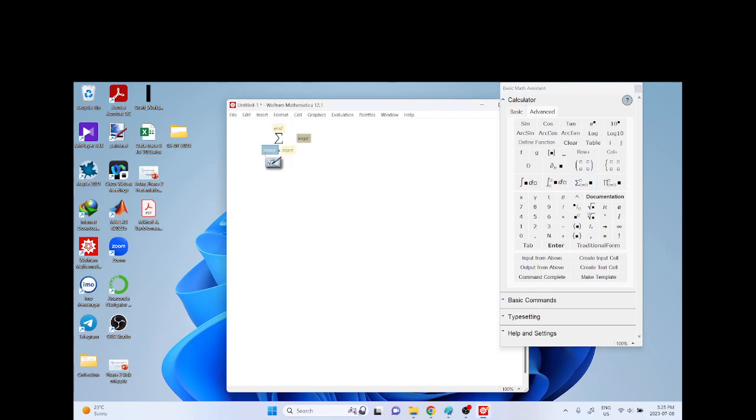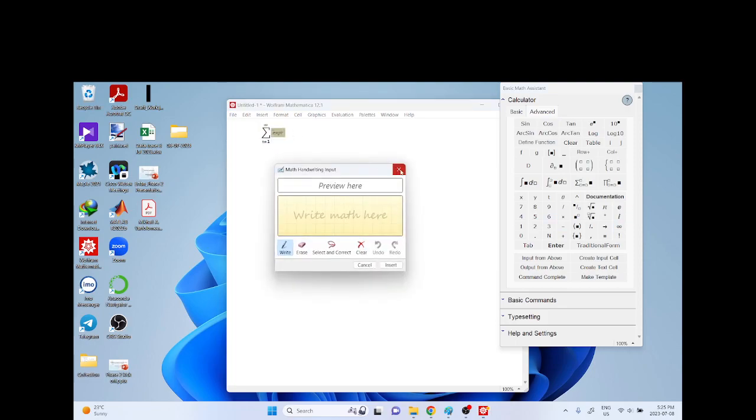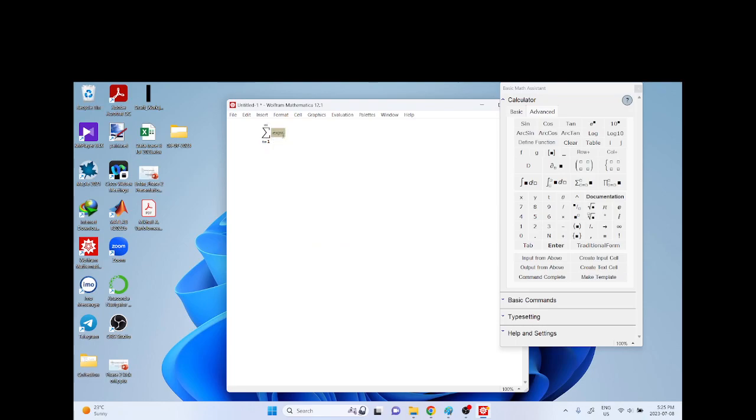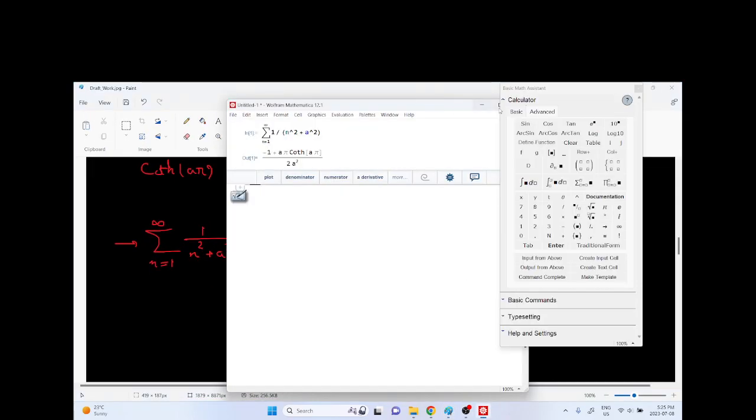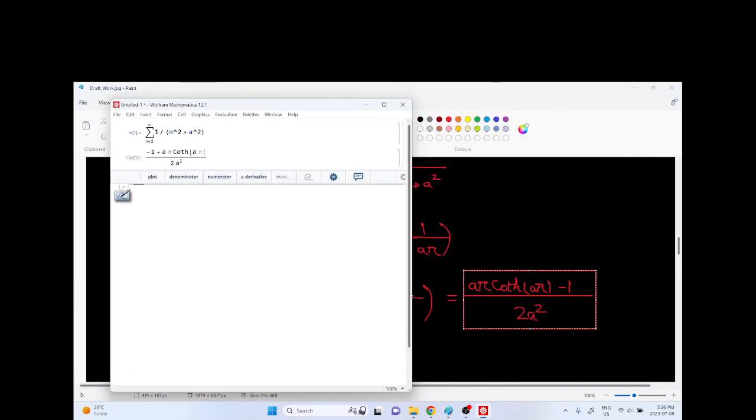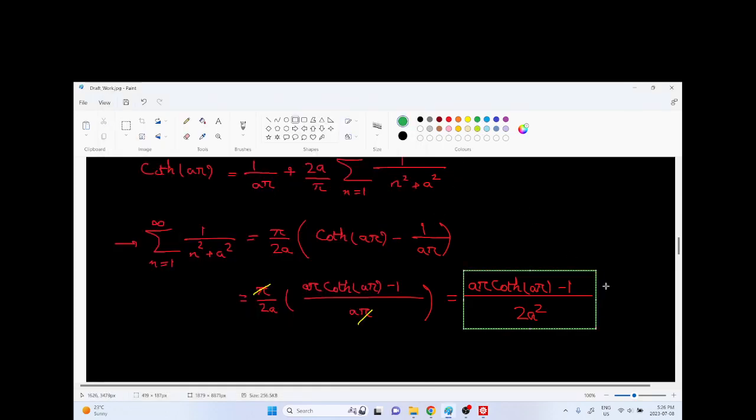We have the sum as n runs from 1 up to infinity of 1 over n squared plus a squared. Let's compare these answers. Yep, a pi hyperbolic cotangent of a pi minus 1 all over 2a squared, and that's perfect.